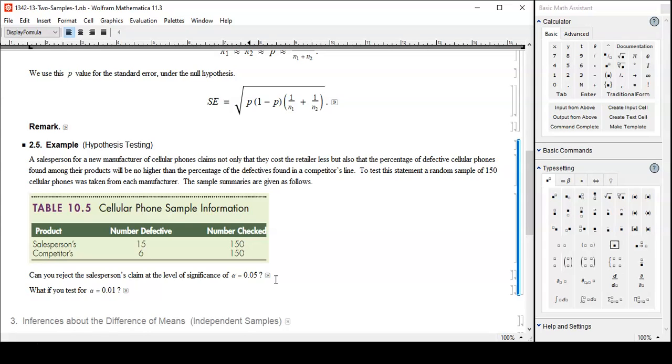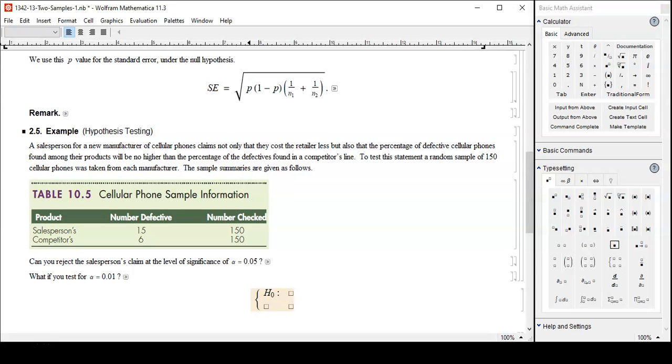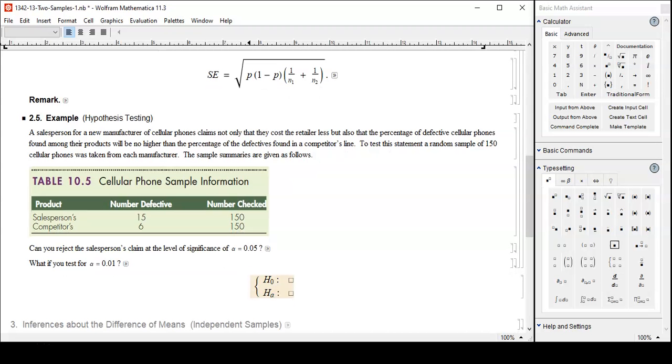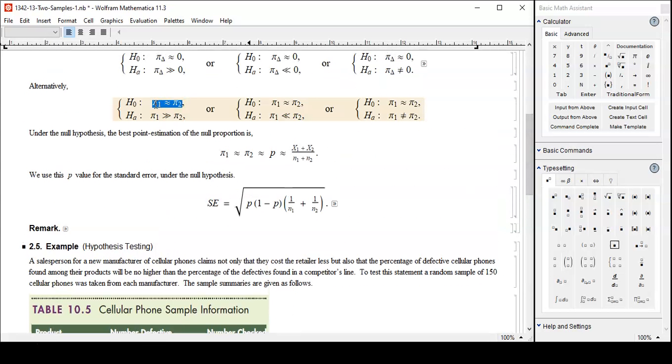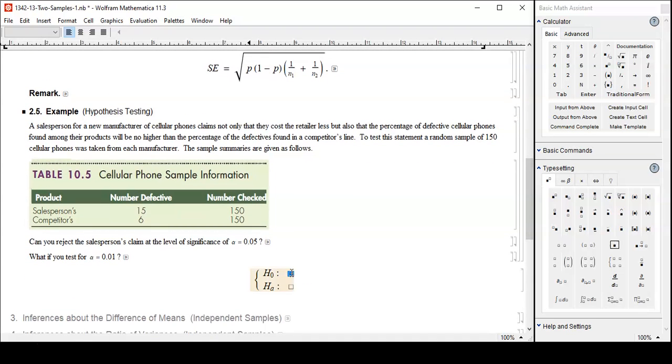All right, let's set up the problem. First, set up the hypotheses. So hypotheses, well, that's not too bad. Null hypothesis and alternative hypothesis. Now, null hypothesis typically means the proportions are the same, no difference.